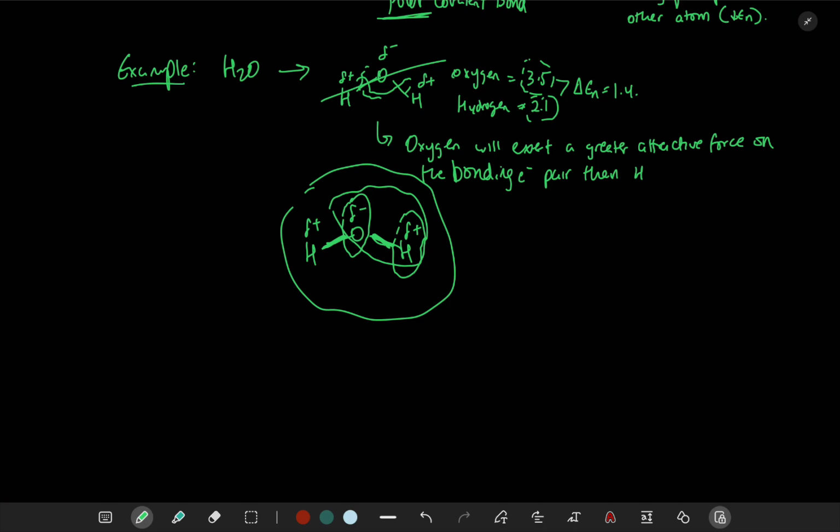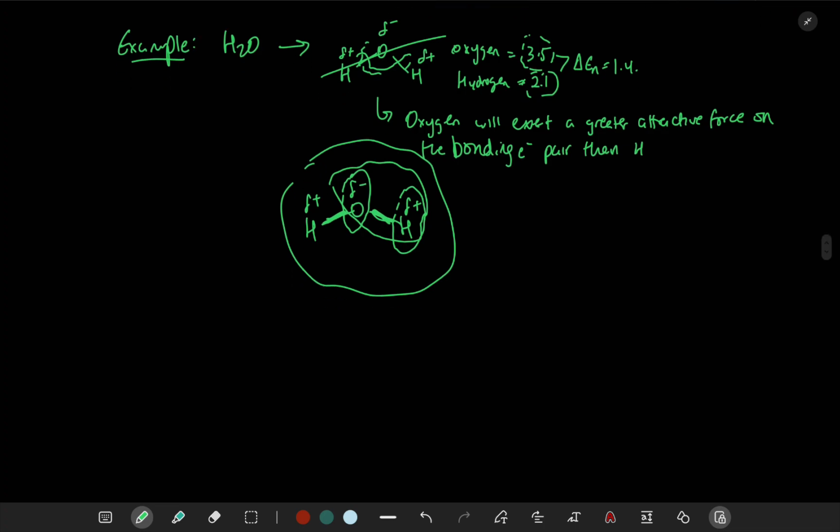Because the majority of that electron density or those electrons are located closer to the oxygen's nucleus, and so it's going to have more of a negative charge, right? Because electrons are inherently negatively charged, and so you're going to have a negative pole on the oxygen end and a positive pole on the hydrogen end.